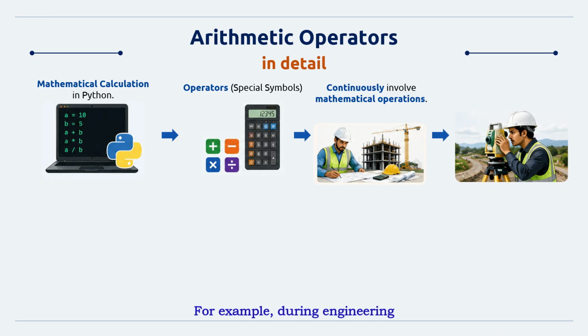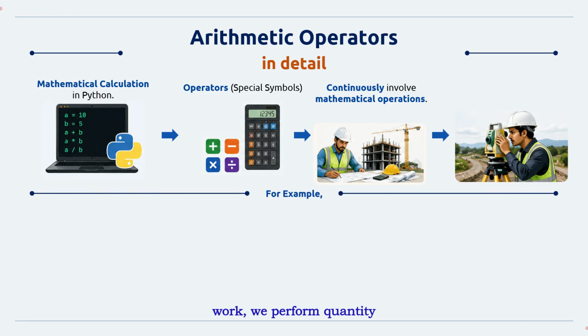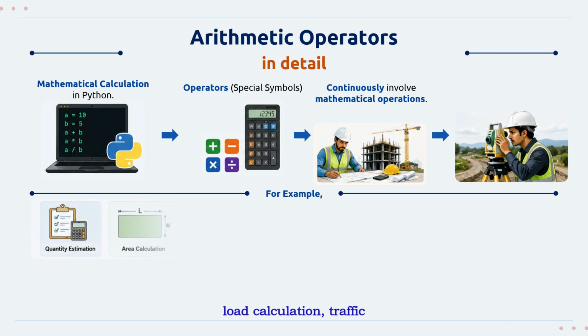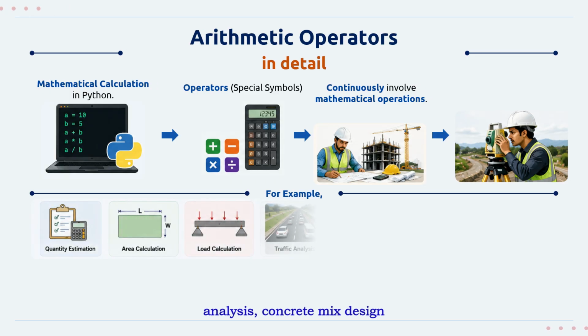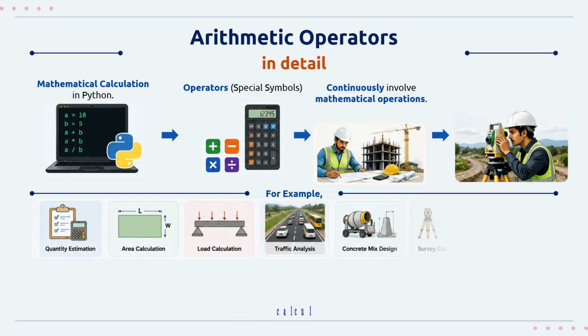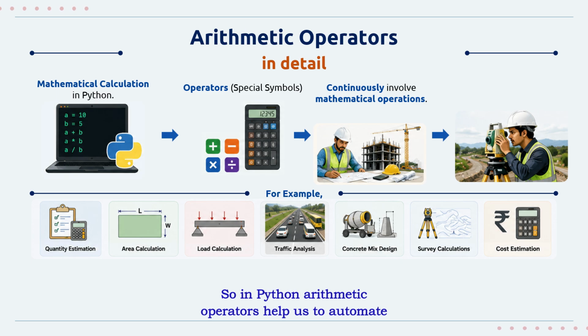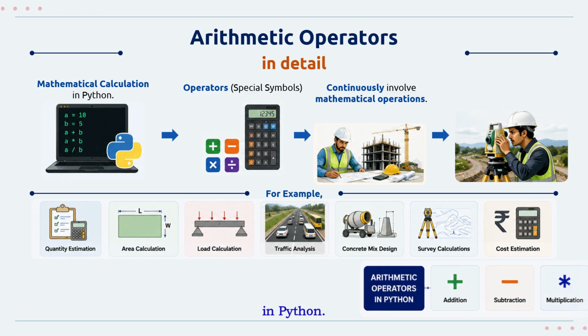For example, during engineering work, we perform quantity estimation, area calculation, load calculation, traffic analysis, concrete mix design, survey calculations, cost estimation. So in Python, arithmetic operators help us to automate these engineering calculations. Now let us see the major arithmetic operators available in Python.